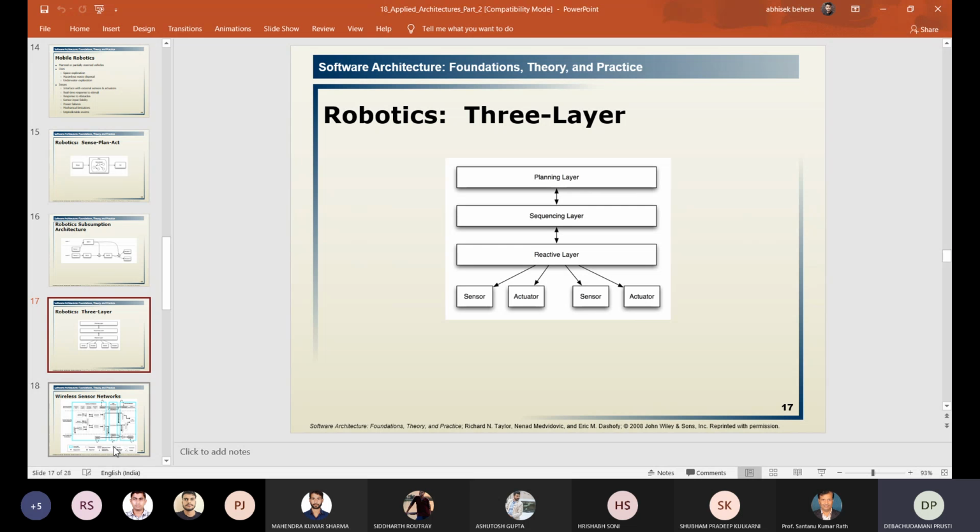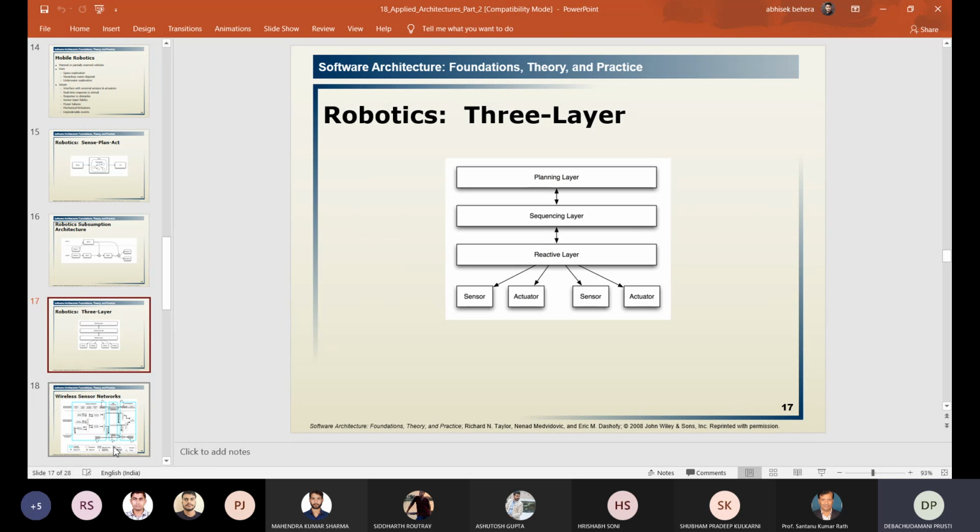Now a 3-tier architecture, just like in our 3-tier model: front end, back end and the middle one. Here also in robotics we have a 3-tier architecture. We have the planning layer, then the sequence layer, then the reactive layer.